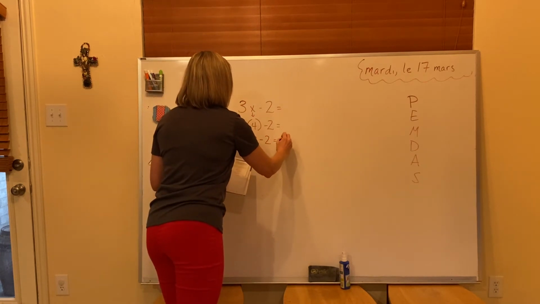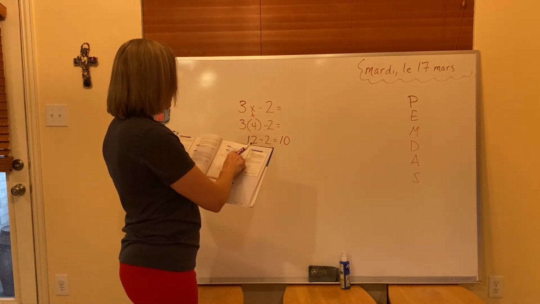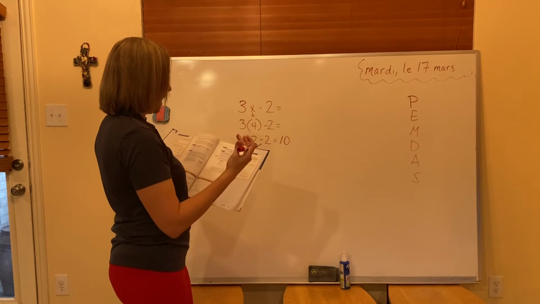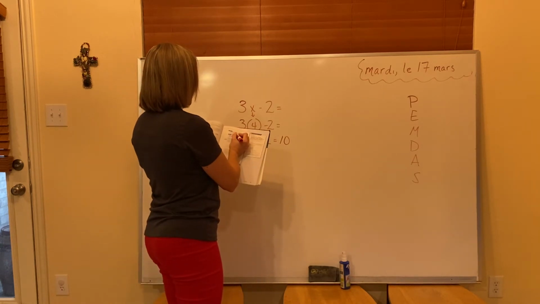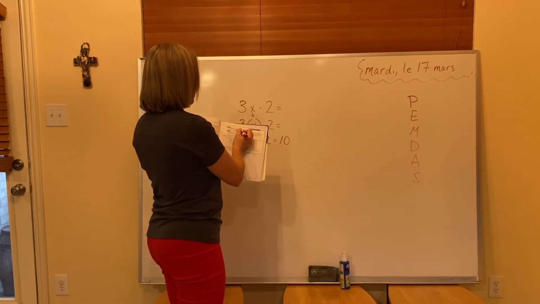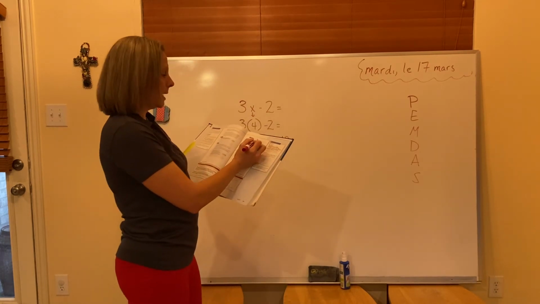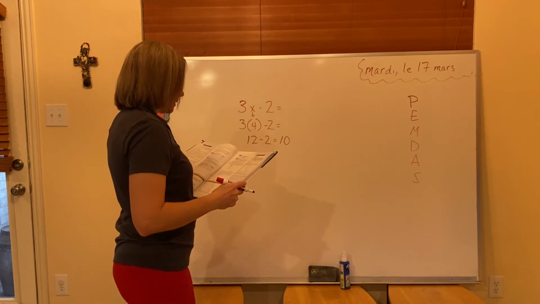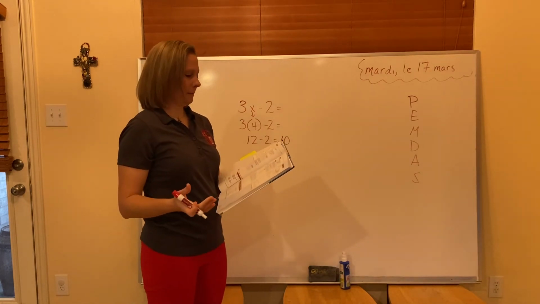Okay, so we can fill in our empty space in the function table with 10. So when x is equal to 4, the answer to the function is 10.